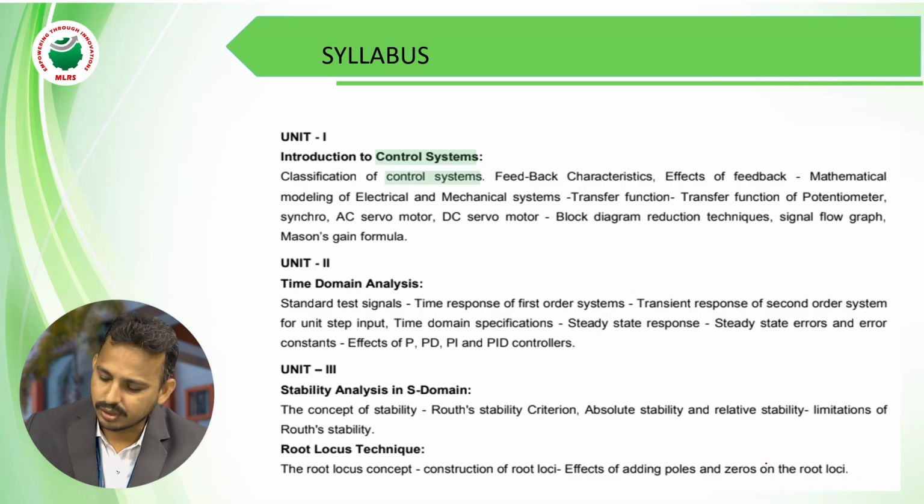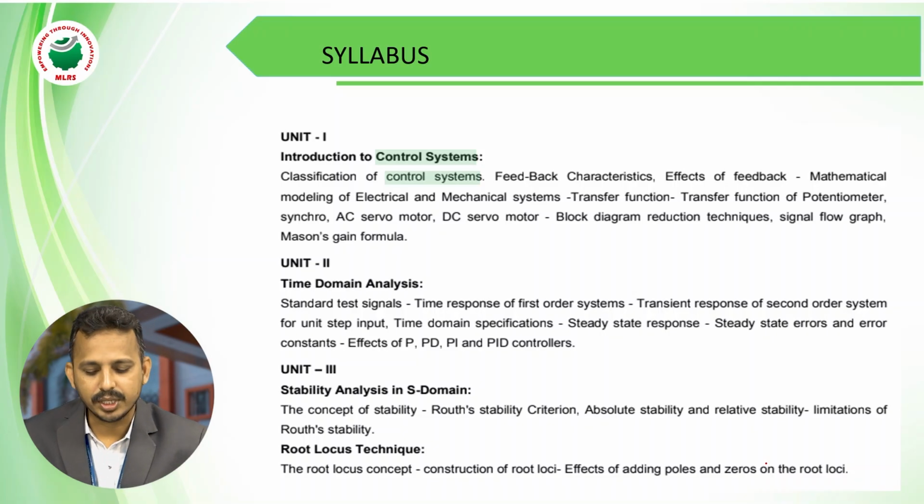In this course, the student will be able to learn the control action of industries using different control methods, and can also learn the stability of a system. The next unit is time response analysis, or time domain analysis.